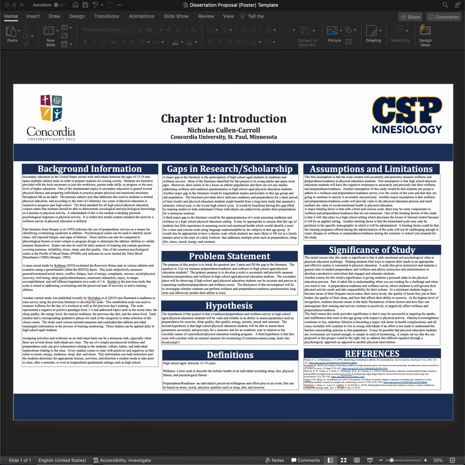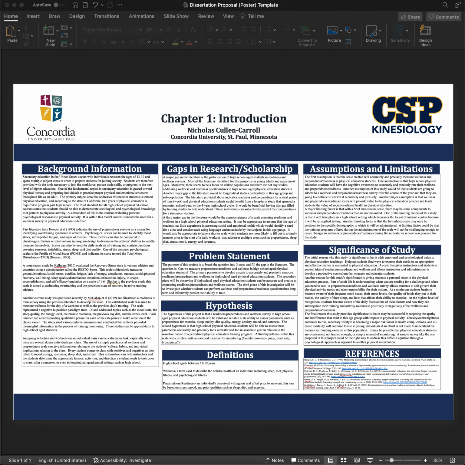And within this standard, there's a substandard that states that students are supposed to understand their personal and psychological responses to physical activity. They're meant to record their responses and evaluate them over a period of time. But it's one of the most underutilized standards that I've seen in physical education, and I'll leave it at that.